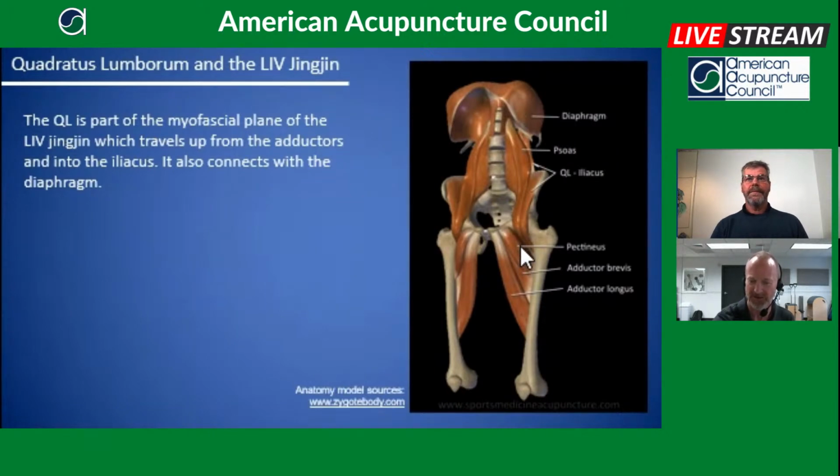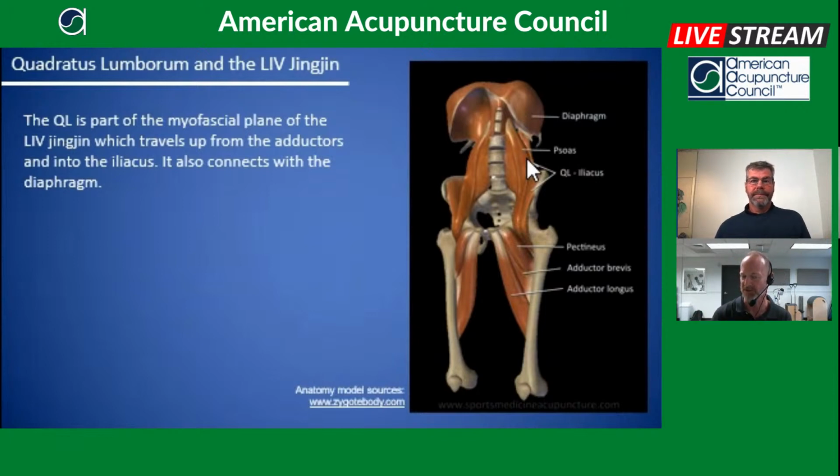Adductor magnus is different, more in the kidney sinew channel. But this more anterior line of the adductors, longus, brevis, and pectineus, is very continuous with that fascial plane all the way up into the iliacus. And as Matt mentioned, the iliacus shares fascial fibers, interdigitating with the quadratus lumborum, and then up into the 12th rib. That would be the liver sinew channel.